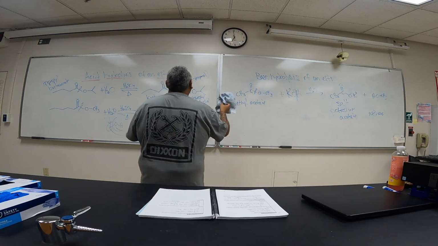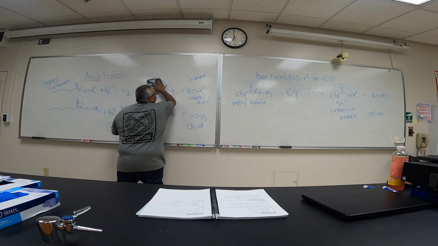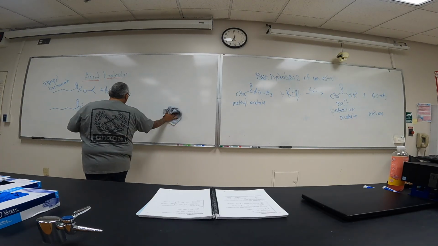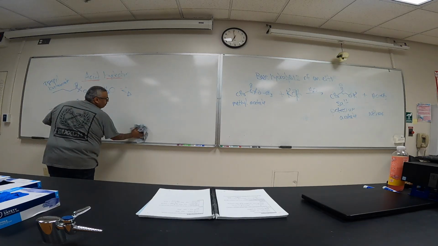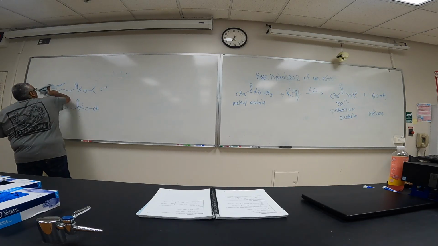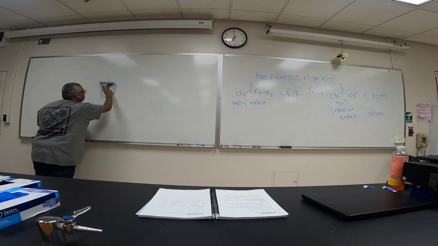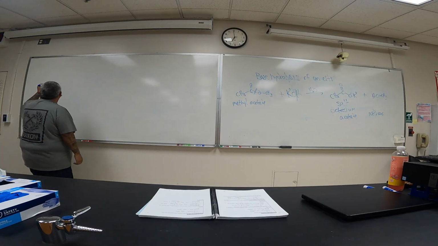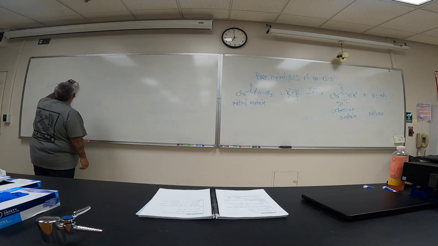Let's do one or two more here. I think the base hydrolysis is a little bit more difficult, and it's a little familiar as well, but I want to make sure. It's just the hydrogen that's removed is a little bit different than what we're normally doing.